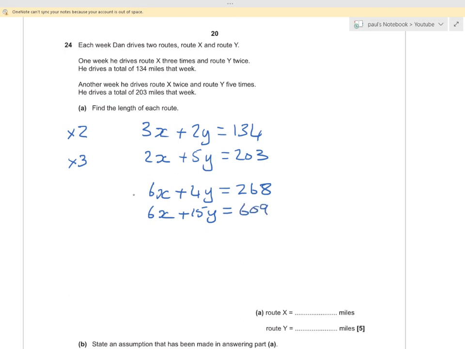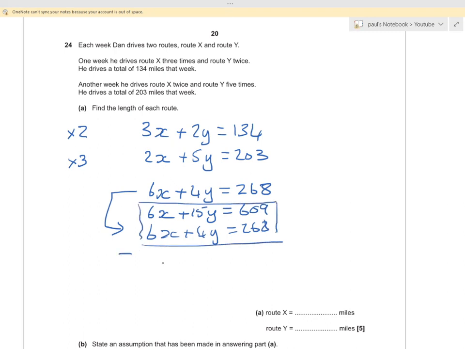Now I'm going to subtract. There's no x's, and there's 11 y's. 609 take away 268 is 341.